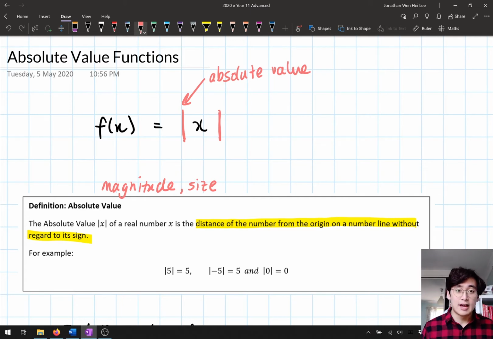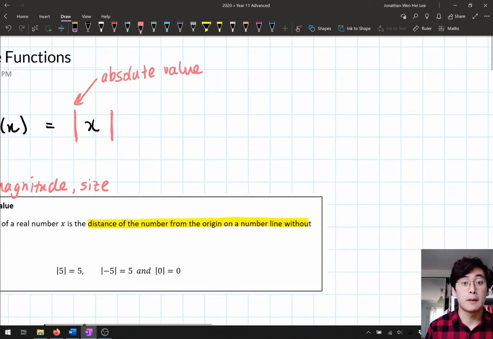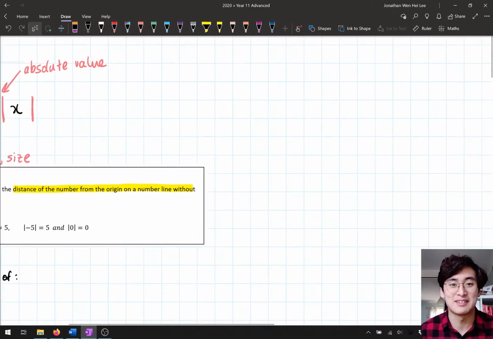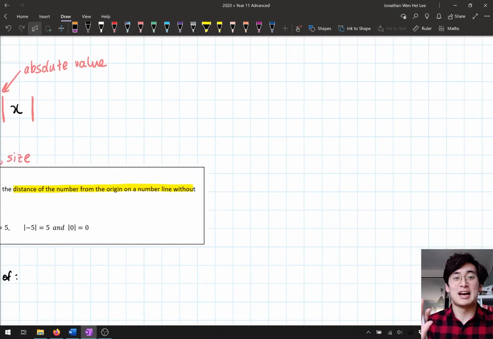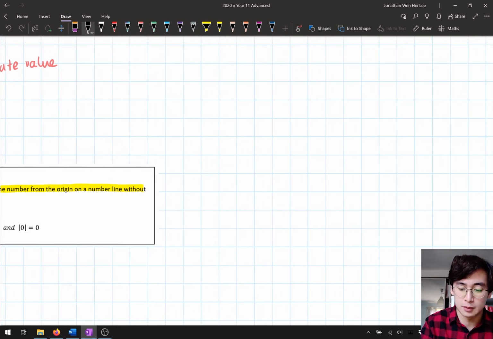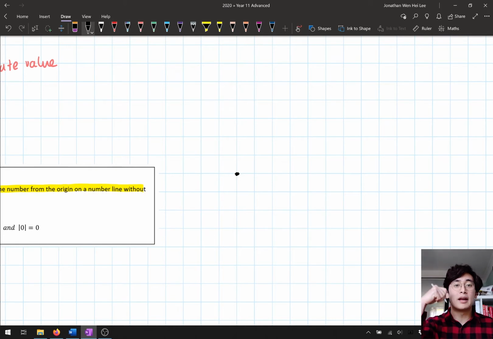Now to give you a bit of an idea of what it looks like, a few of you study physics, and in physics there's this concept called displacement. For those of you who don't study physics, I'm sorry if you're learning about this for the first time. This will be very quick, I assure you. Displacement tells you how far you are from the starting point, but includes the direction.